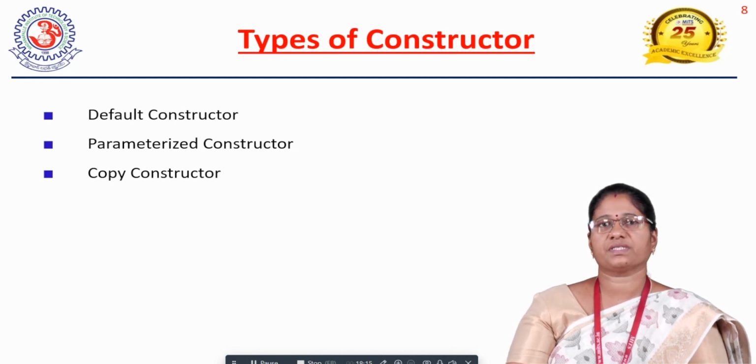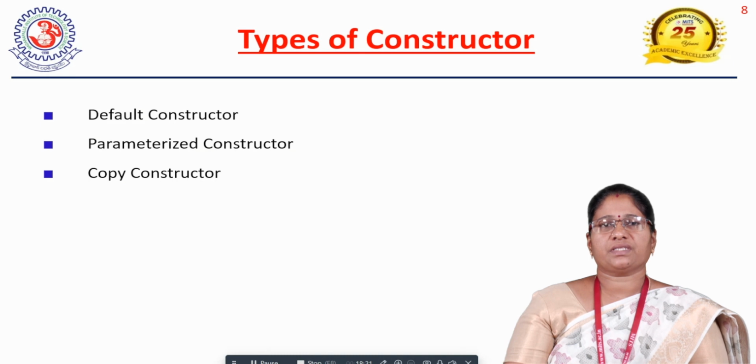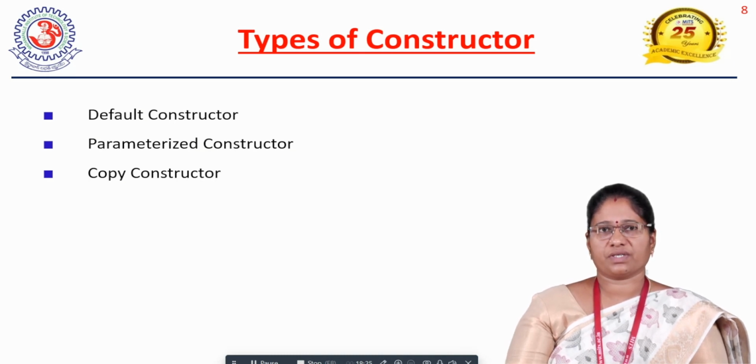That is what we call the default constructor. Another one is the parameterized constructor. In a parameterized constructor, we pass some arguments within that function. With the help of those arguments, we assign or invoke some values. That is what we call the parameterized constructor.